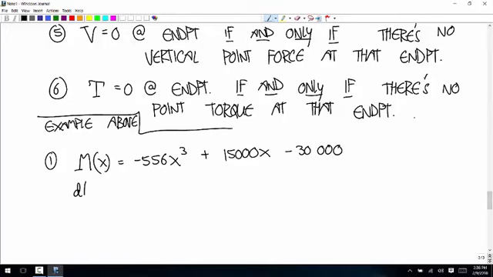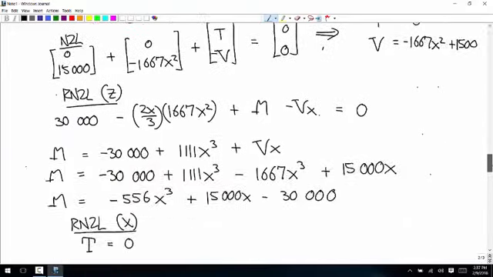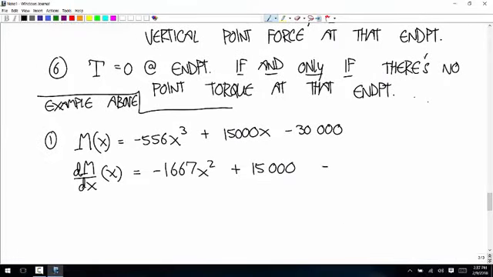Okay, so dM/dx as a function of x is negative 1667x squared plus 15,000, and that is equal to V. Okay, so this one, check.